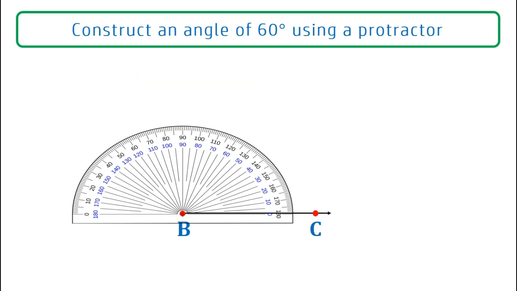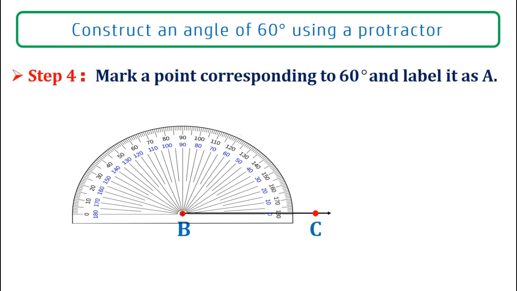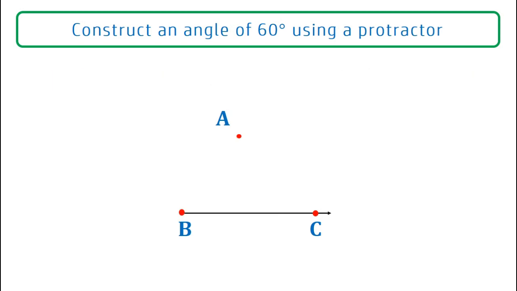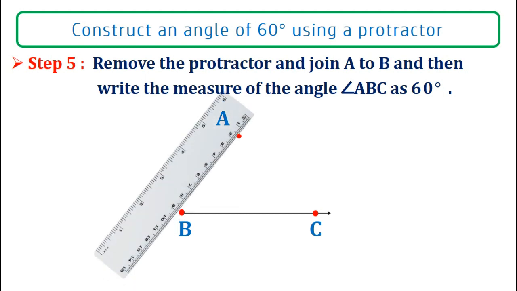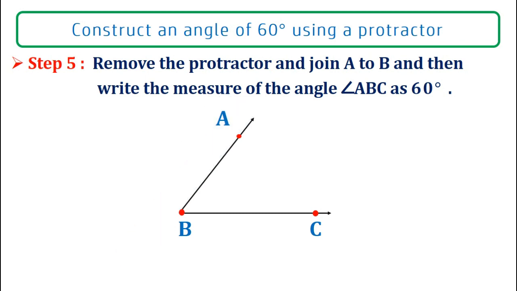In step 4, we will mark a point corresponding to 60 degrees and name it as point A. In step 5, we will remove the protractor and with the help of a ruler, we will draw a ray joining the point A and point B and then write the measure of angle ABC as 60 degrees.